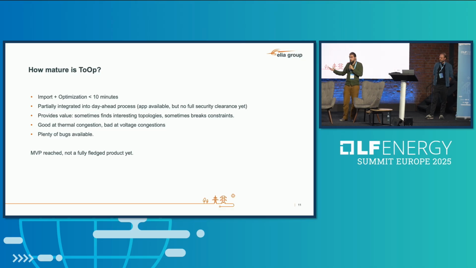So we still have work to do, especially when it comes to voltage-based or stability-based problems. And we also have plenty of bugs, so it's definitely not a fully fledged product, but we are an MVP, and we have managed to find a realistic topology that the operators have not found. And that's basically what we set out to do.